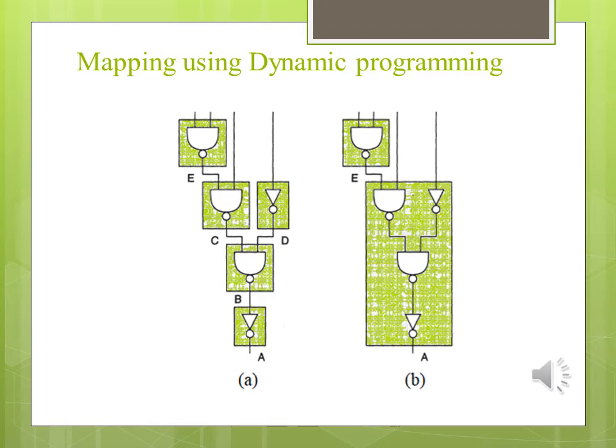The cost of this NAND2 is 3 and the cost of the optimal circuit implementing its input E is also 3. Therefore, the cumulative cost of the optimal circuit implementing node C is 6.